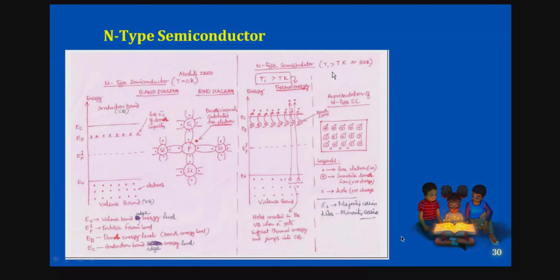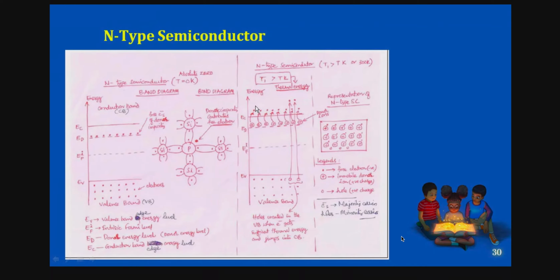Now, further increasing the temperature, what happens? Whatever electrons are present in the donor energy level completely jump into the conduction band. Now, with further increase in temperature, slowly electrons start exciting from the valence band to the conduction band.